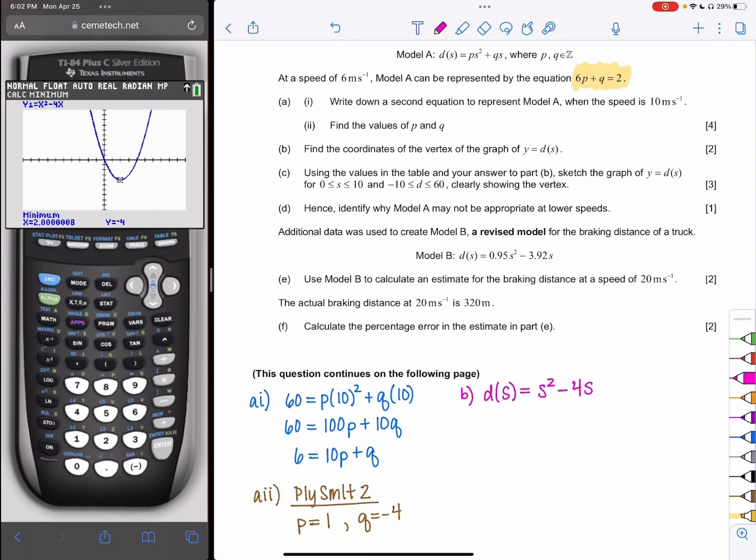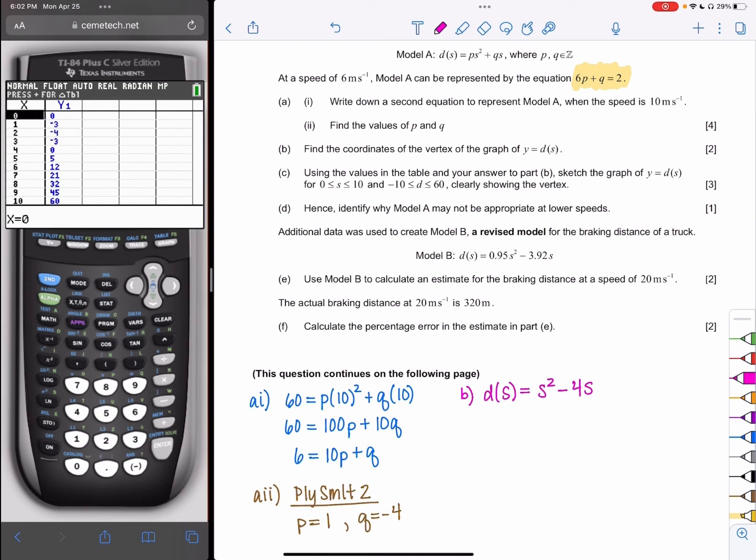So always go to the table to verify. I'm going to look at where my y value is -4 and that x value is a 2. So here my vertex, or my minimum, is going to be located at (2, -4). So that is my answer for part B.